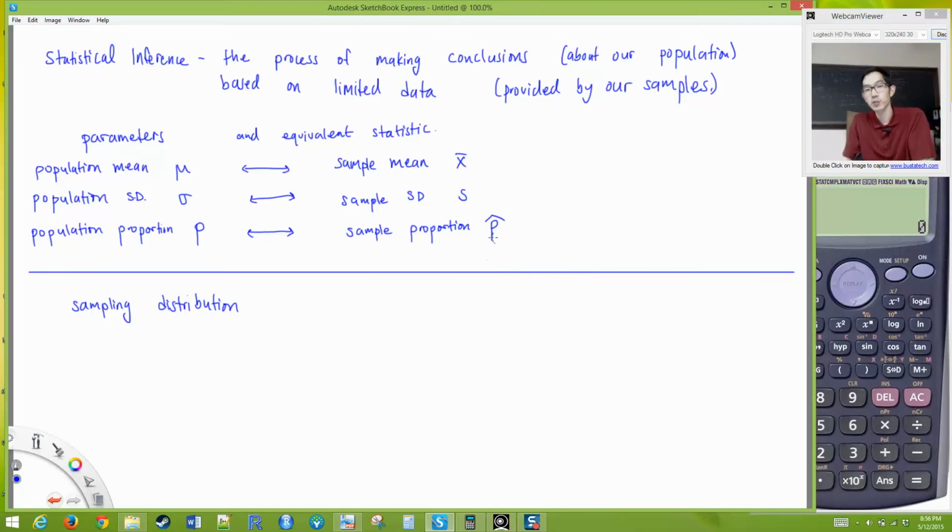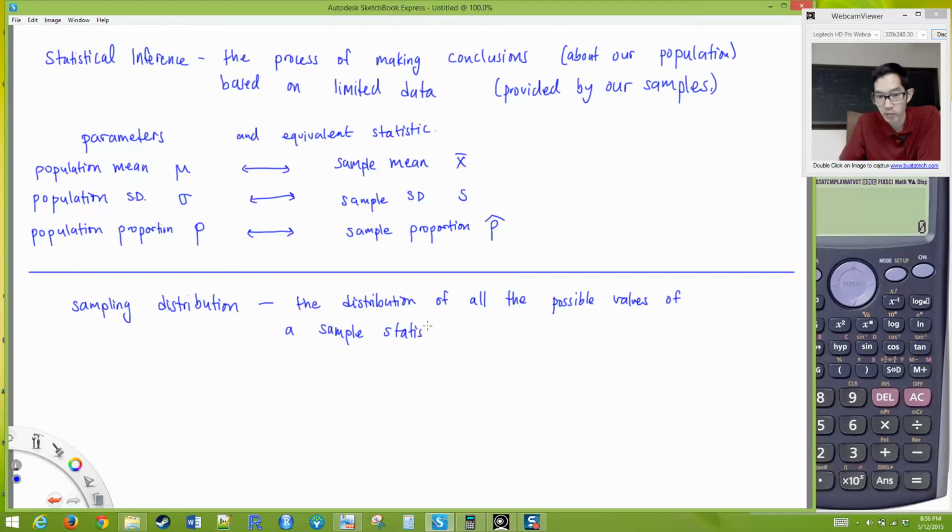A sampling distribution is technically the distribution of all the possible values of a sample statistic, whether it's p hat or x bar or whatever it might be. It's the distribution of all possible values of a sample statistic.